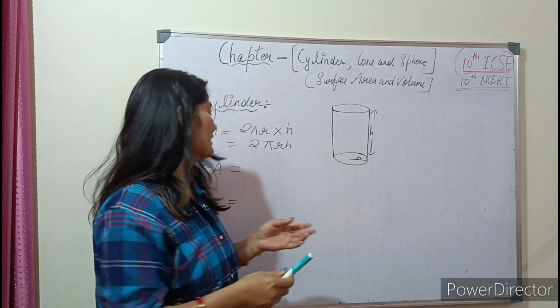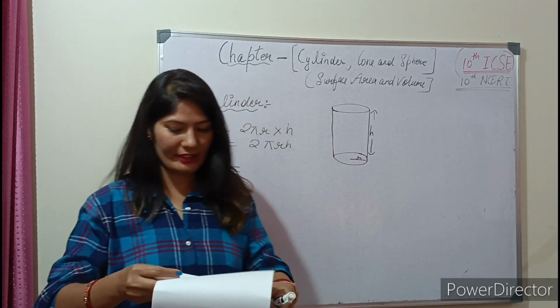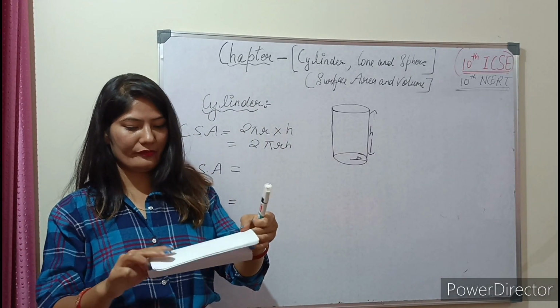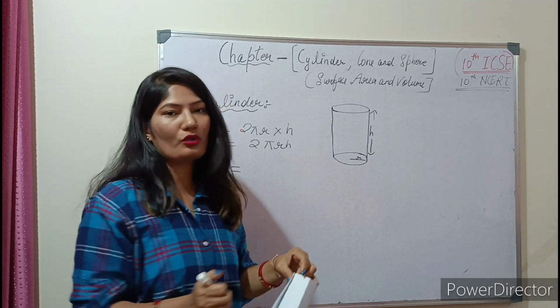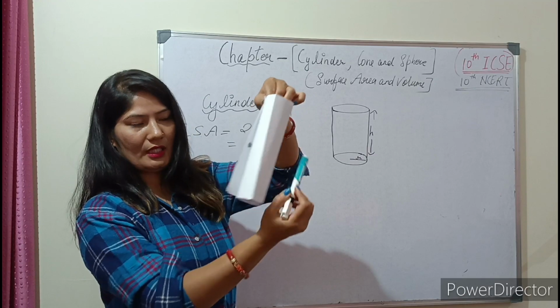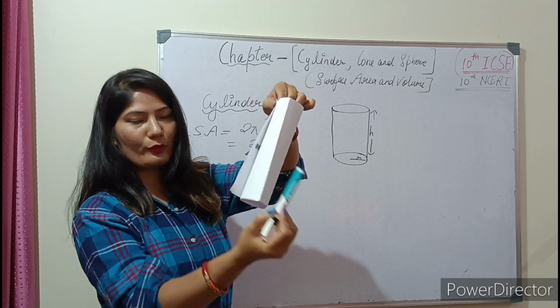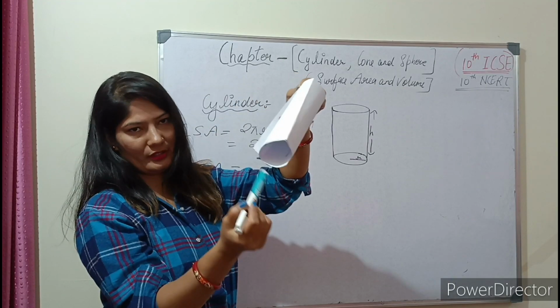Now the second one, that is TSA. How to find the TSA of a cylinder? Here again, with the help of this sheet, I form the cylinder again. Now if we have to find the TSA of a cylinder, TSA means total surface area. Total surface area means you have to count this complete portion, that is the CSA plus these two cross sections.